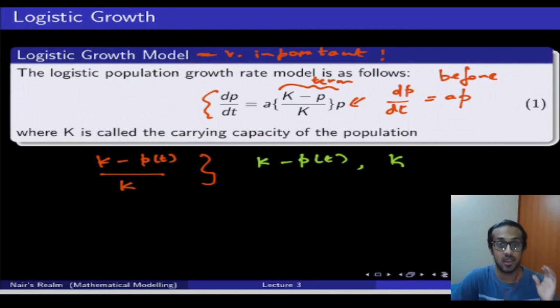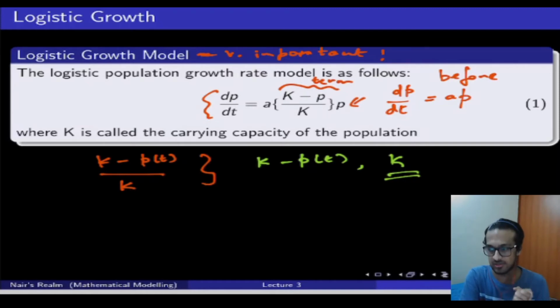And K, this capital K, is the maximum population capacity of the environment. So K - P(t) essentially represents the unused or untapped capacity that the environment has with respect to the population. So this term is the ratio of the unused capacity in the population size to the maximum capacity of the population size.